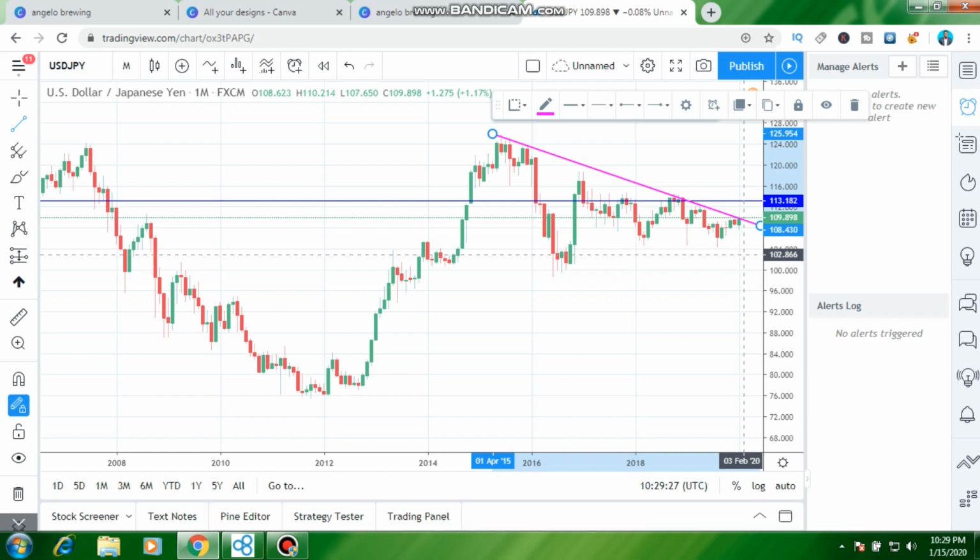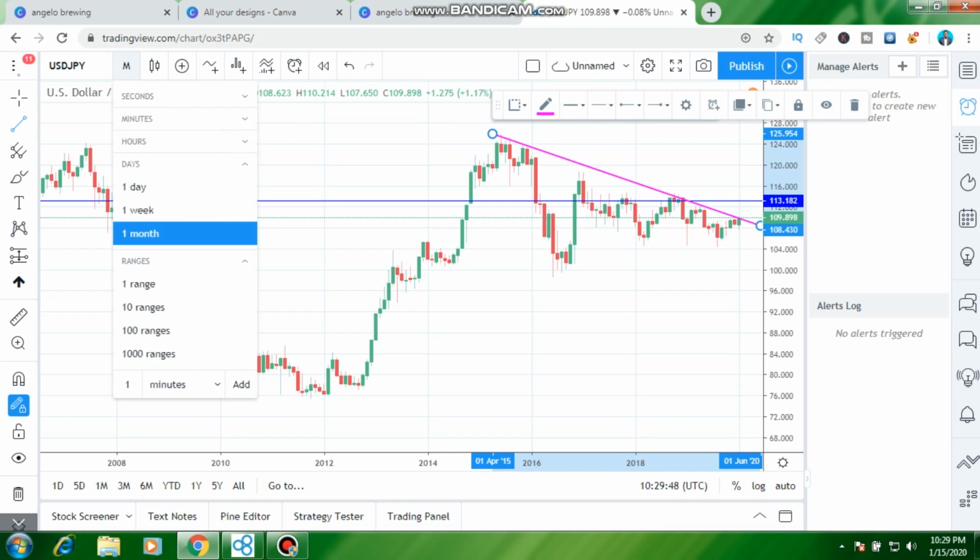So USDJPY on the monthly time frame, the trend is a sell trend, and currently it's hitting the trend line here. As we can all see, the price is currently sitting at 109.898. So let's zoom back to the weekly time frame and see what it is.